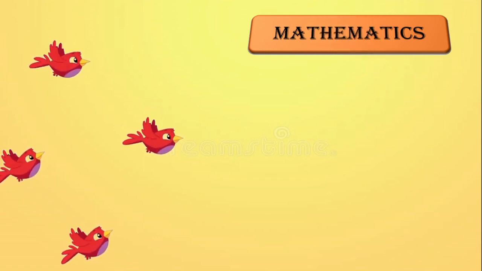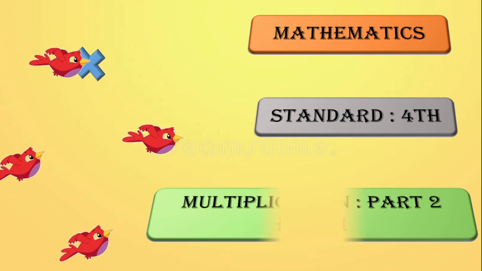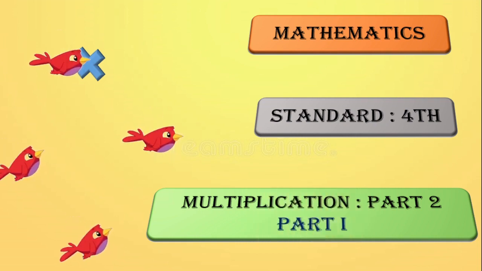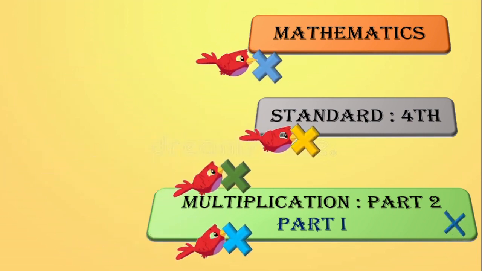Subject is maths of standard 4th and the name of the topic is multiplication part 2. Yes, dear children, this is part 1 of this chapter. You know this is the multiplication sign, isn't it?